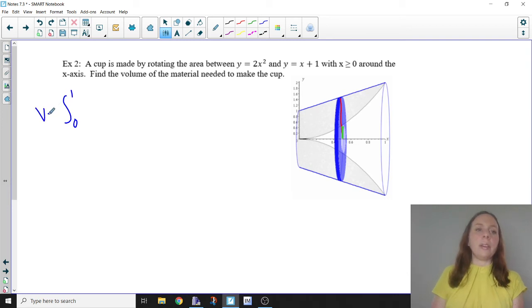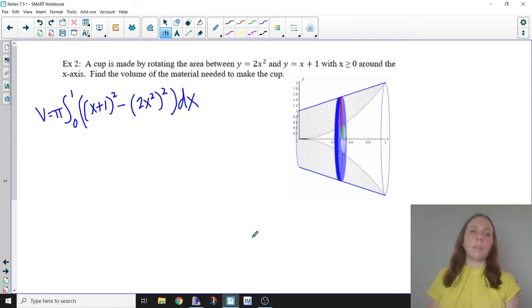We need a pi in there, of the upper function squared minus the lower function squared dx. Now again, if you were doing this by hand, you would need to expand this, simplify, combine like terms, do all of that stuff, and then do an antiderivative, okay?